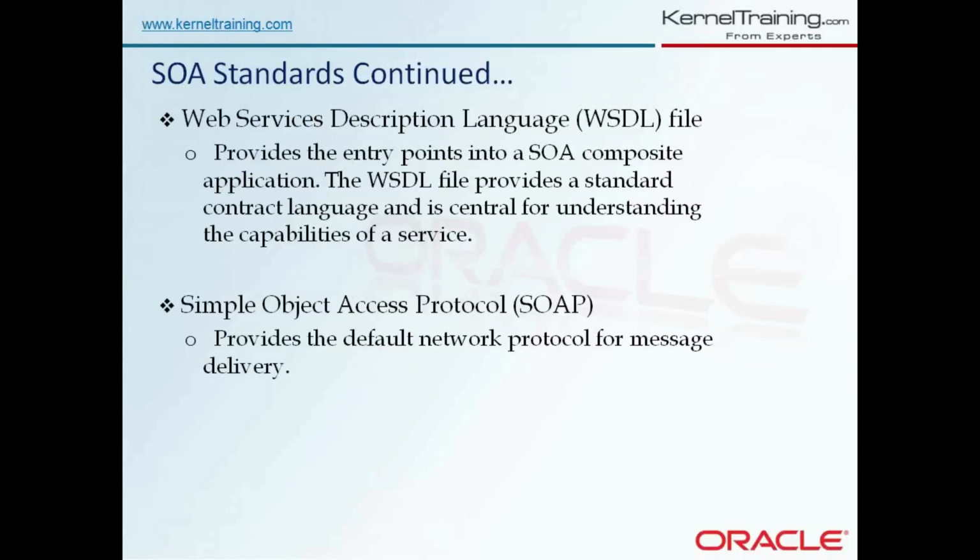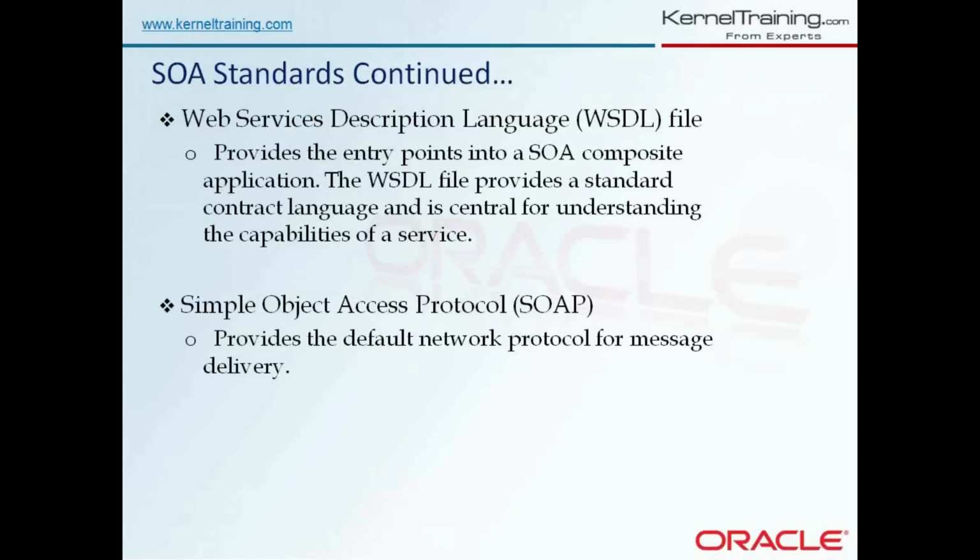So basically, as the name suggests, it defines a web service. So what will it define inside this? It is basically an XML based file where you will have a contract. Like a web service defines a contract between different parties.